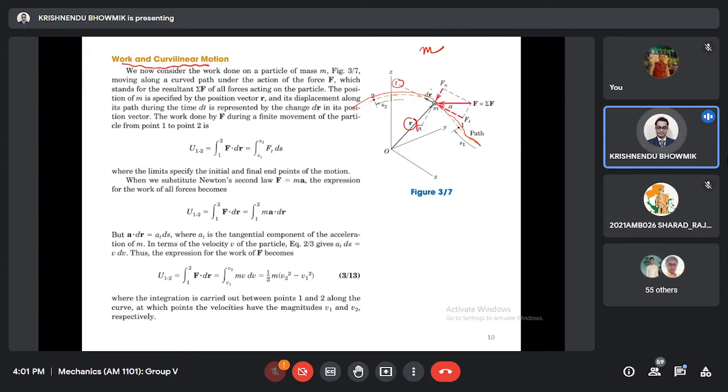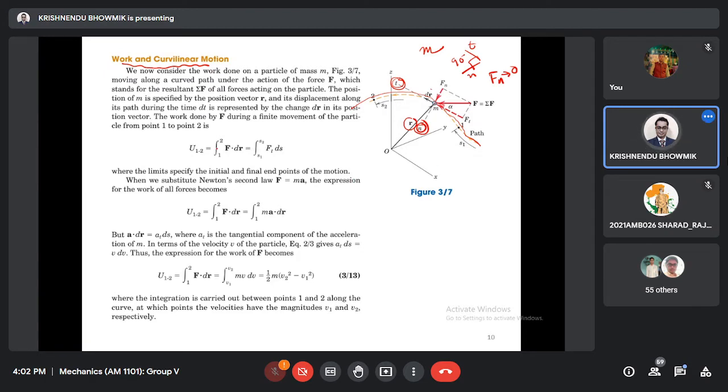This is the normal, so t and n are at 90 degrees: n is the normal direction, t is the tangential direction. Be careful, Fn will be 0, because the particle is moving in the tangential direction. We are considering instantaneous directions for the curved path.